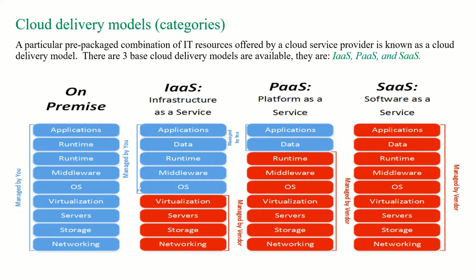When we created the virtual machine, Amazon Web Services provided these four: virtualization, servers, storage, that is hardware, hard disk, and networking. What we did was install the Microsoft Windows operating system. During the installation, many middleware and runtime libraries got installed. There was data created in the backend. Applications, remember, we downloaded the IIS server.